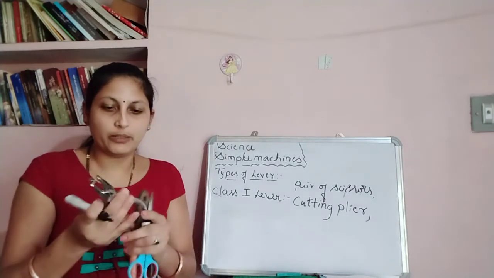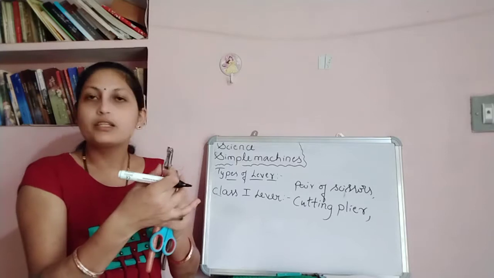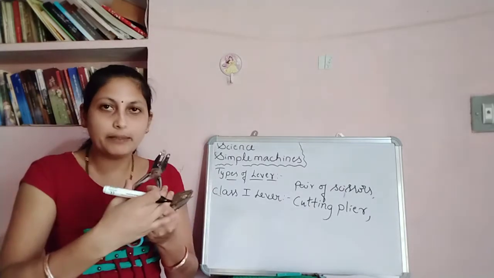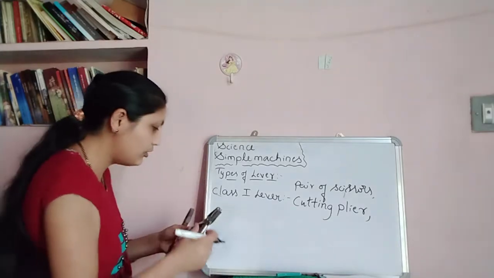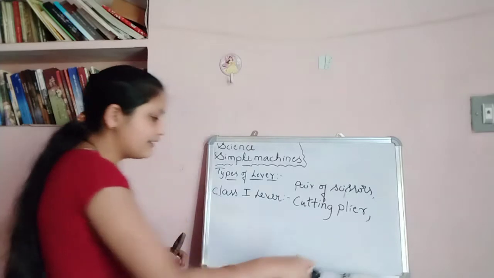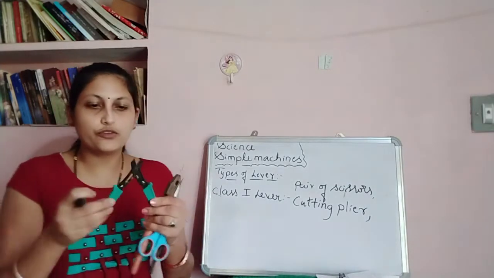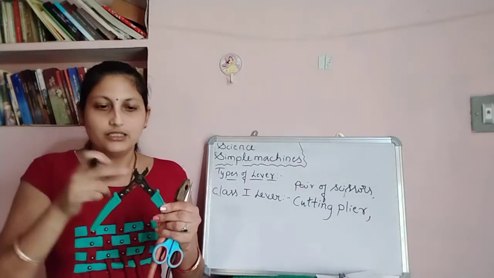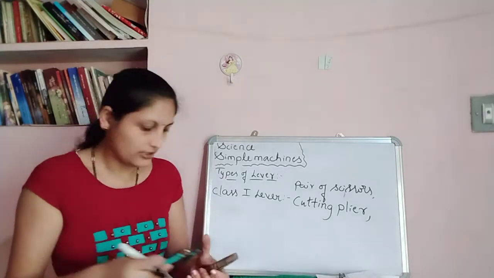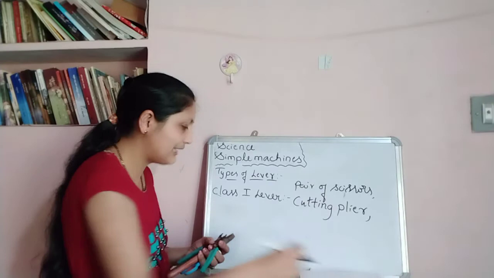The center is the fulcrum, here will put the paper for punching and here will apply force, isn't it? So this is also example for class 1 lever. And this one, so this will use for cutting the rods, isn't it? Even this is an example for class 1 lever. So these are some of the examples of class 1 lever.